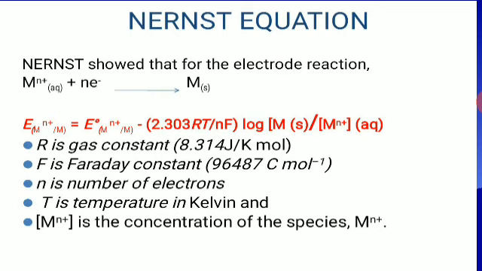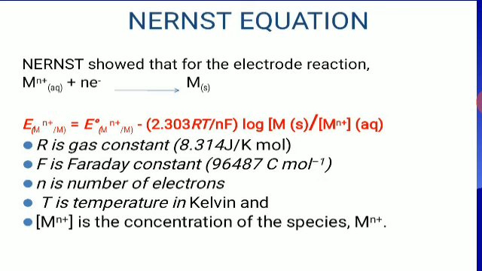On solving these values, the value is 0.0591. So the equation can be written as E cell is equal to E naught cell minus 0.0591 upon n log the concentration of M n positive.